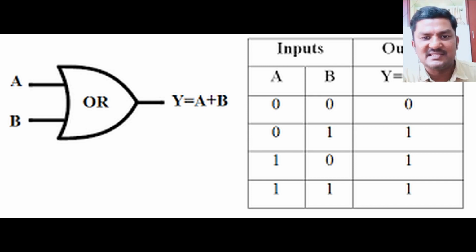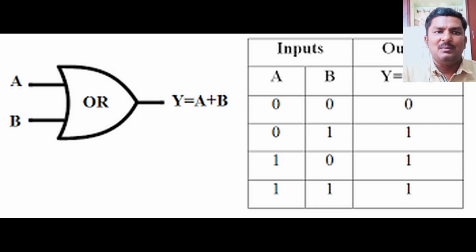The bulb is in off state. It means that if A equal to 0, B equal to 0, the value of Y equal to 0, that means off condition of the bulb.